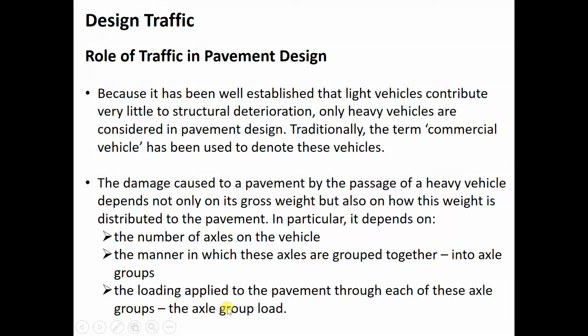So we know that heavy vehicles are heavy, but it also depends on the number of axles, how the axles are grouped together, and the load applied to each group.